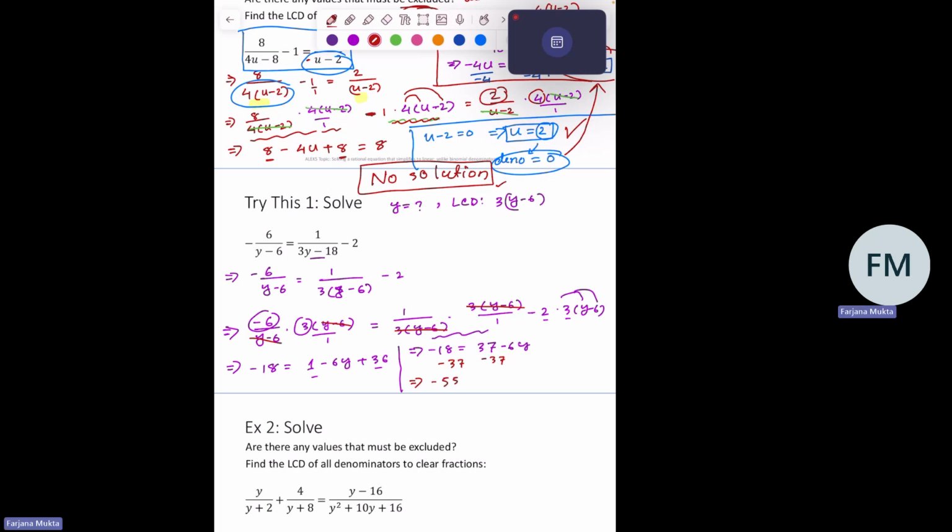Negative 55 equal negative 6y, right? So let's divide both sides by negative 6. And we get y equal to negative becomes positive, 55 over 6.